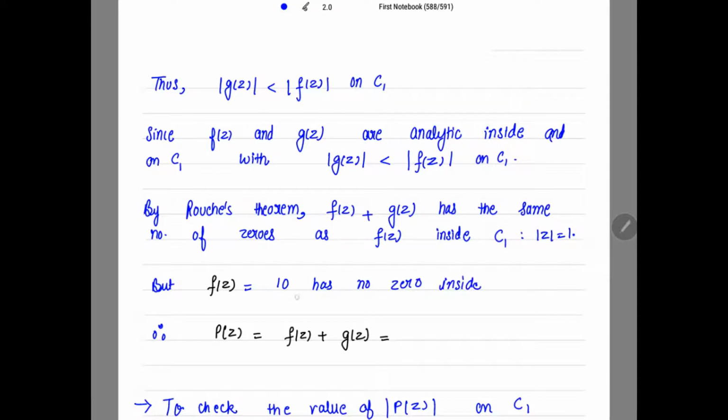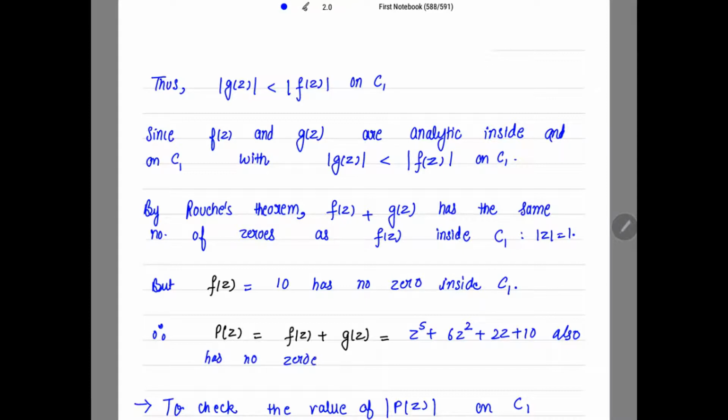It is a constant polynomial having no zero, no roots, right? So therefore p(z) is equal to f(z) + g(z), which is z^5 + 6z^2 + 2z + 10, the given polynomial. Since f(z) has no zero, f(z) + g(z) also has no zero inside C1 according to Rouche's theorem, right?